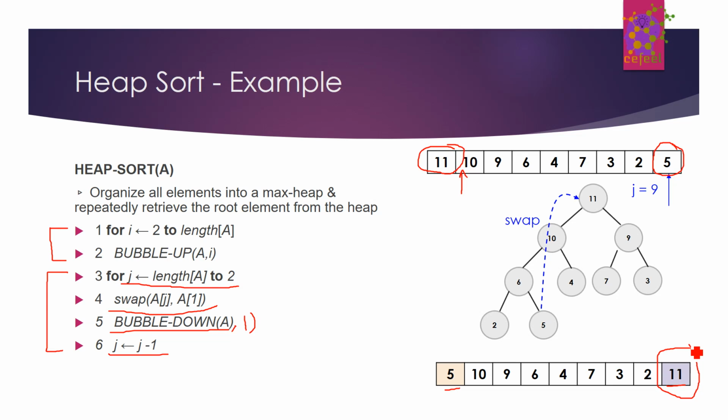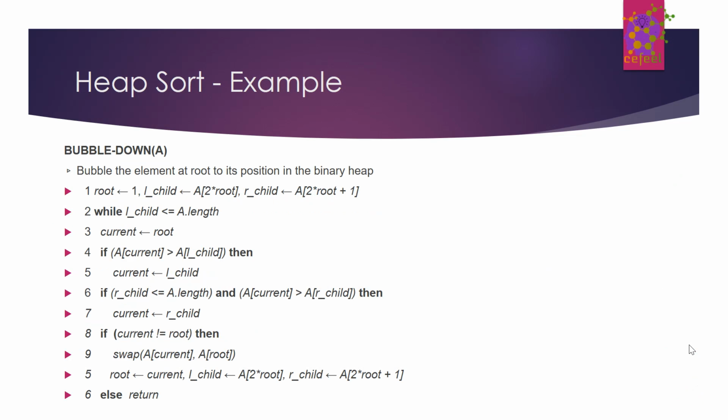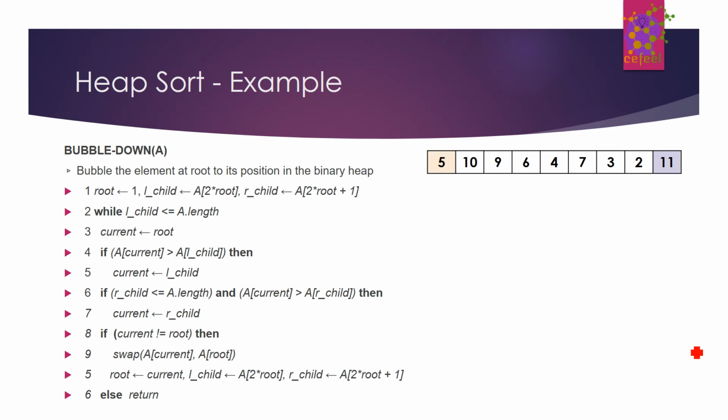But before that, since we replaced the item with 5, that has violated the heap property, and hence we need to do the bubble down process of 5 so that it acquires its position in the heap. So let's do the bubble down process. So here is the array.